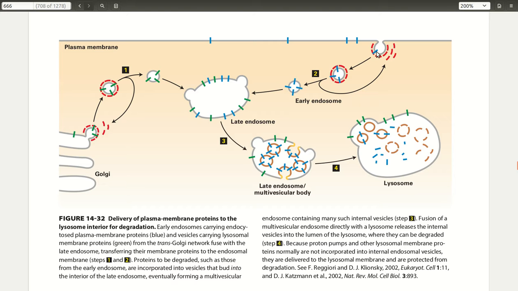Then dynamin hydrolyzes the GTP to pinch the vesicle into the cytosol. Once the vesicle is in the cytosol, the protein coat along with the clathrin coat is disassembled, and now you have this vesicle with the proteins that are bound to be degraded. And this is known as the early endosome.